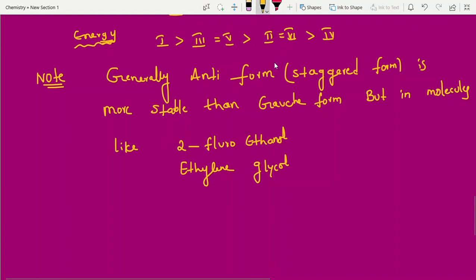I will show the point, students. This is one of the frequently asked questions, 2-fluoroethanol. I will draw the structure.